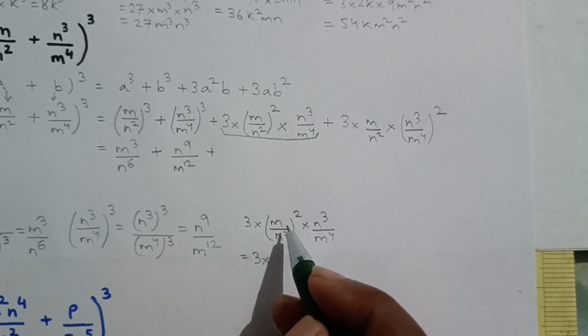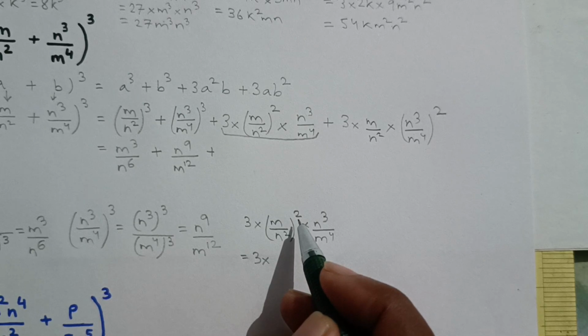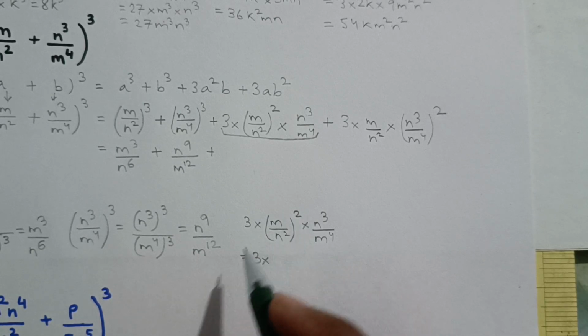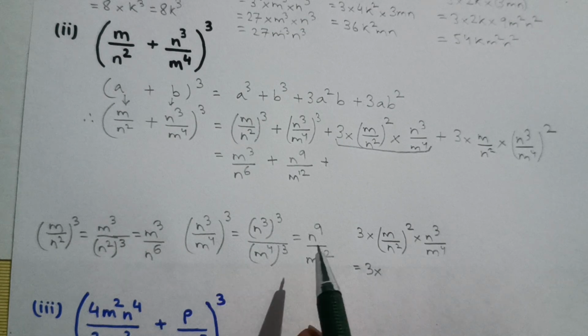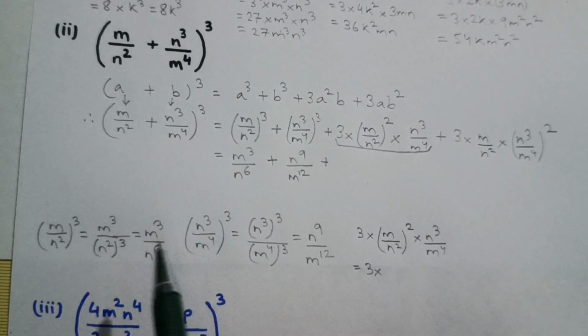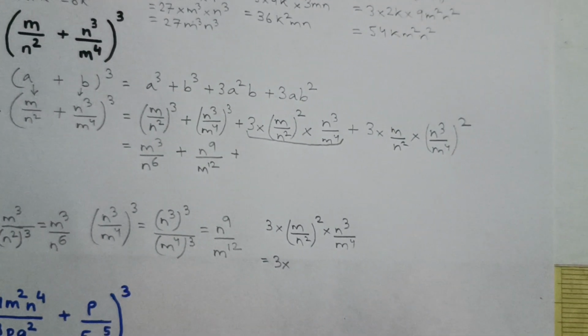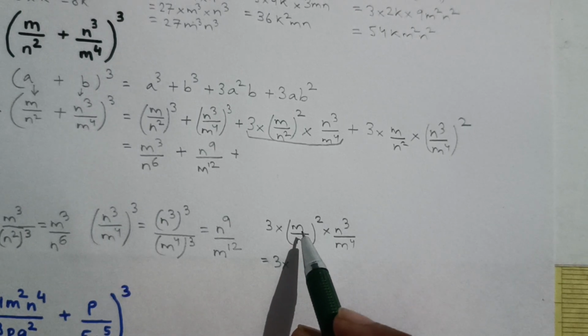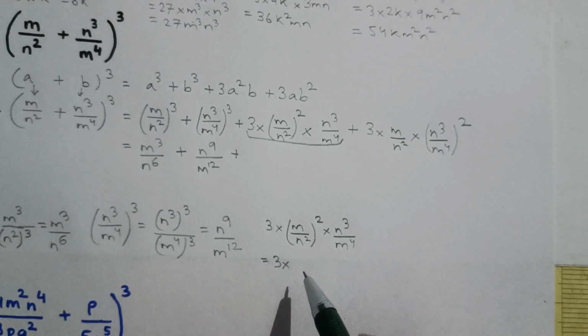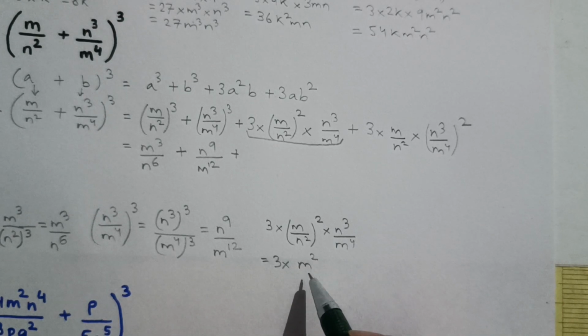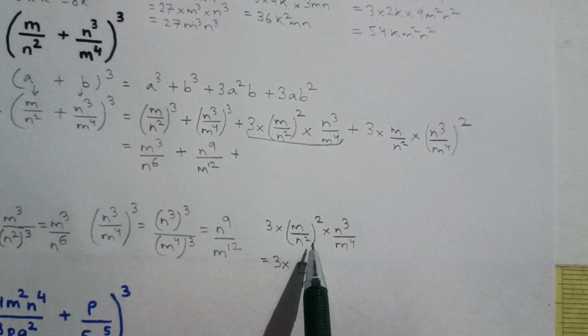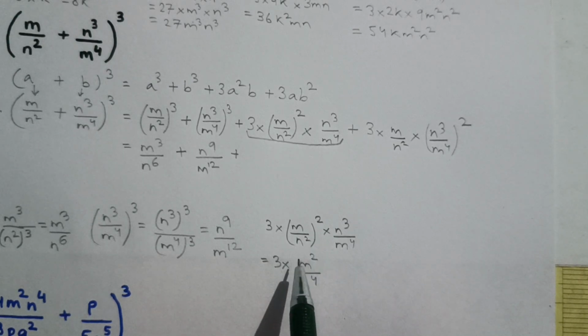3 into, now (m upon n square) whole square. If you solve this using the technique that we have done over here for these two expressions, you will get the answer as: (m upon n square) whole square will be m square upon n to the power 4.